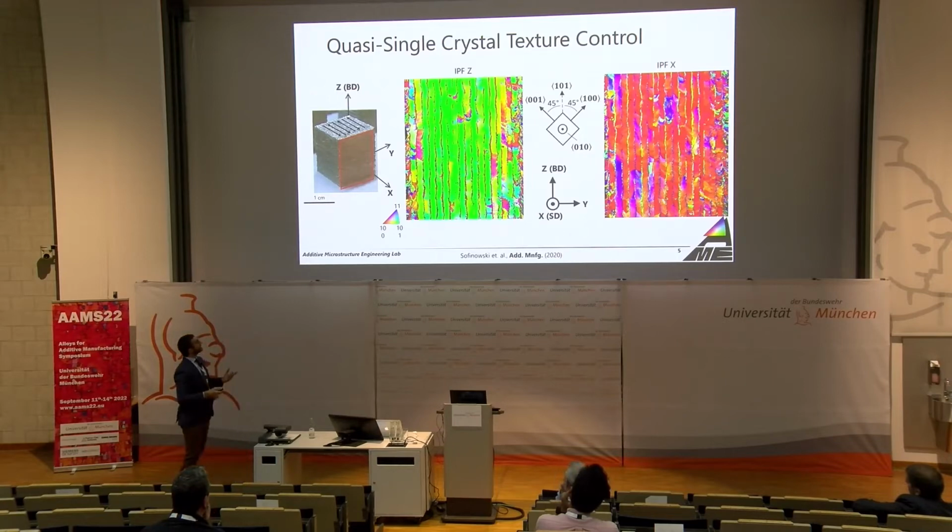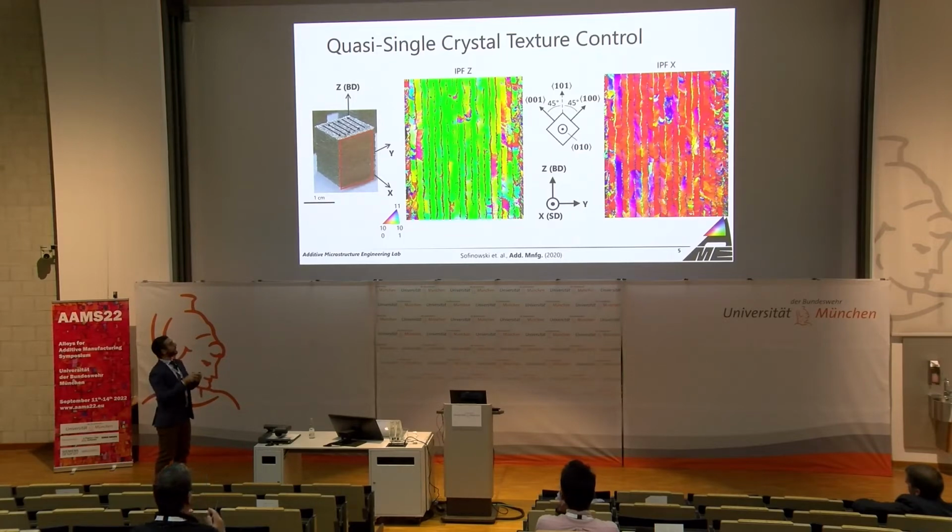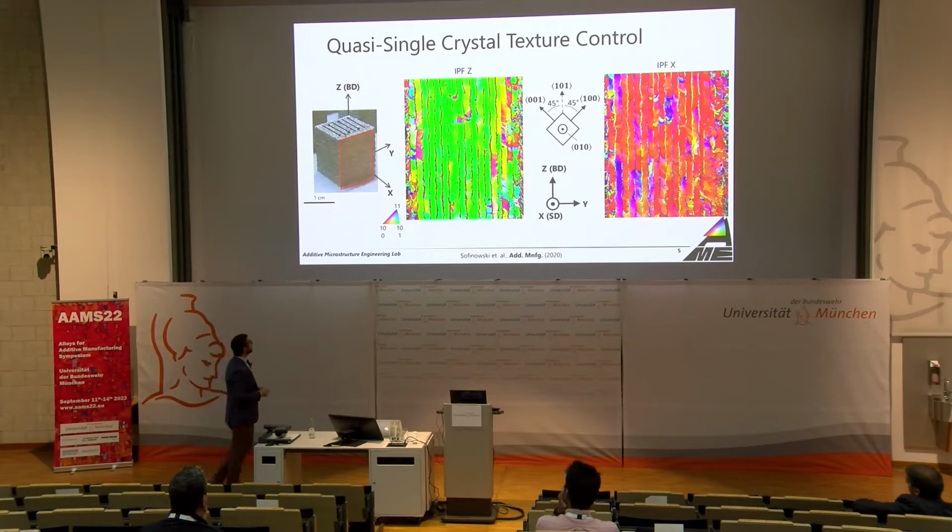But on average, if you look along Z, which is the build direction, most of it is green. Green is 110, of course, so that fits our model. Along X, which is the laser scan direction, most of it is red, which is what I showed you before. Okay, so this is a block of stainless steel about 1 by 1 by 1.5 centimeters tall, quasi-single crystal.